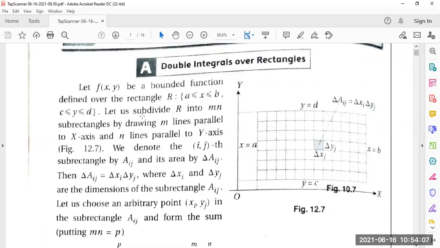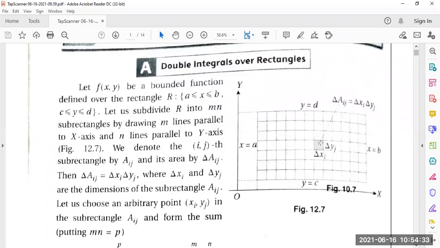Now look here. Let us subdivide R into m sub-rectangles, by drawing m lines parallel to the x-axis and n lines parallel to the y-axis. We denote the i, j sub-rectangle by Aij and its area by delta Aij. Then delta Aij will be delta xi into delta yj, isn't it?